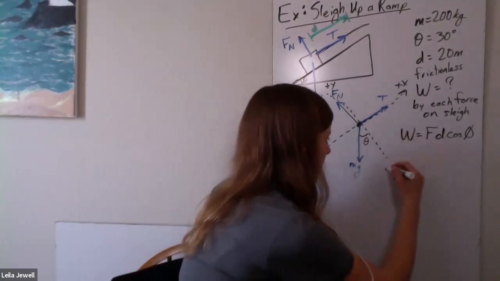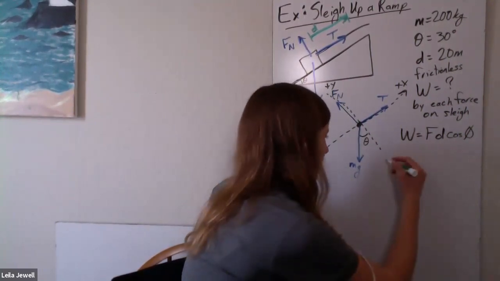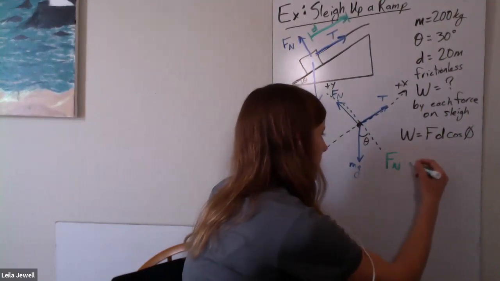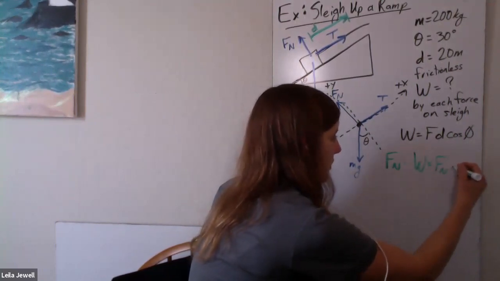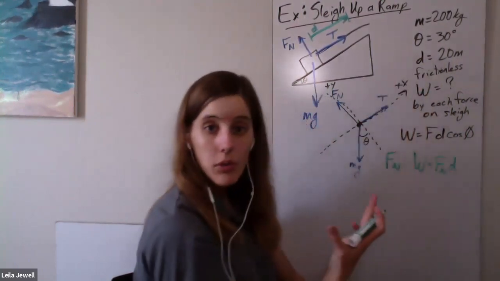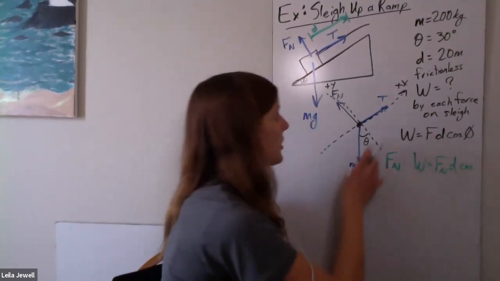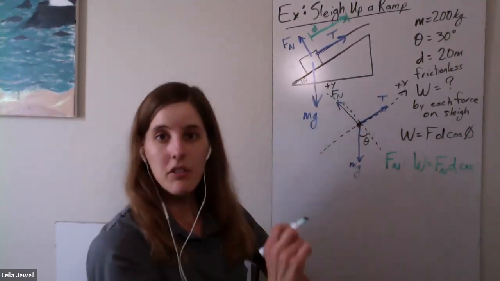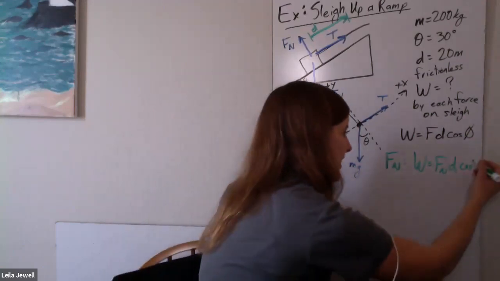So for the normal force, I'll switch to green, so we have some contrast. The work done by the normal force is going to be the normal force, whatever that is, times the displacement, which we know is 20 meters, times the cosine of the angle between the displacement and the normal force. What's the angle between the displacement and the normal force? It's 90 degrees.